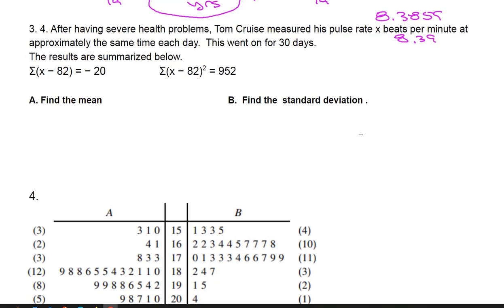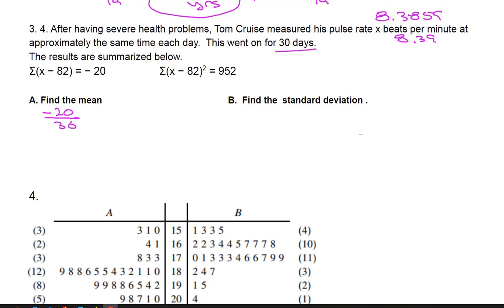Apologize for that. So keep in mind, when I'm finding the mean, I've got to change it because the coded data is not going to give me the actual mean. If I take the negative 20, which is the sum of the x's, and each one's been subtracted 82, and divide by the number of things, which in this case is 30, that's going to give me the coded mean.